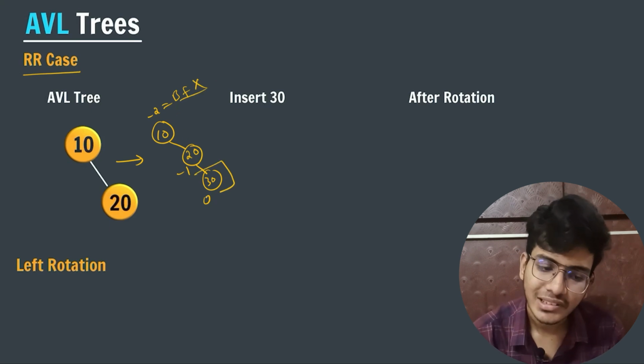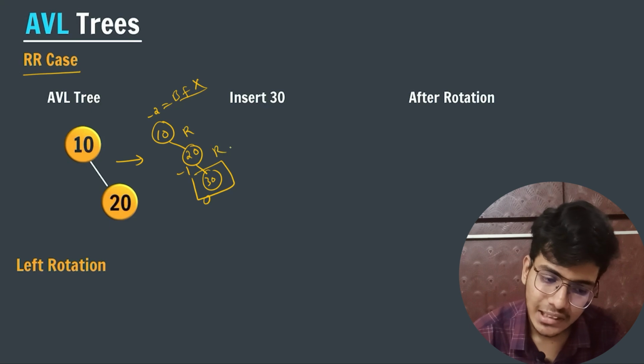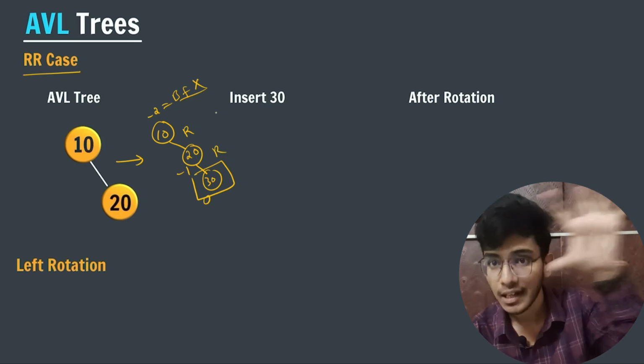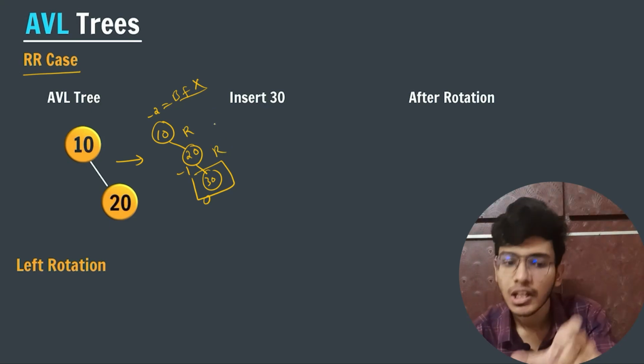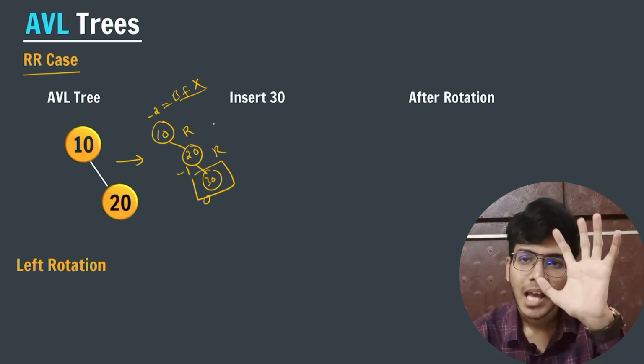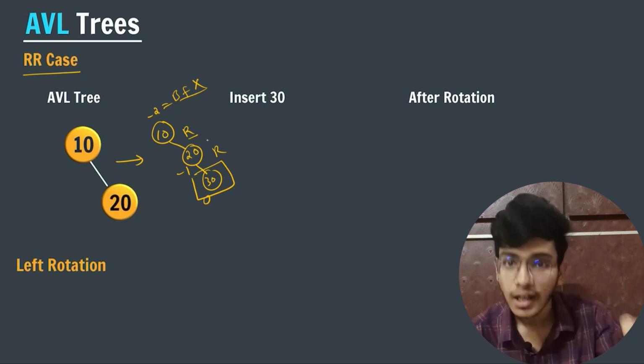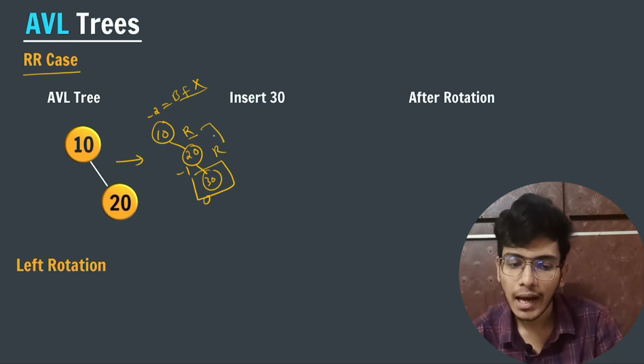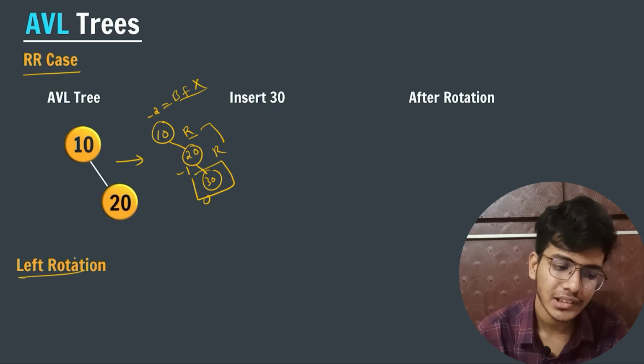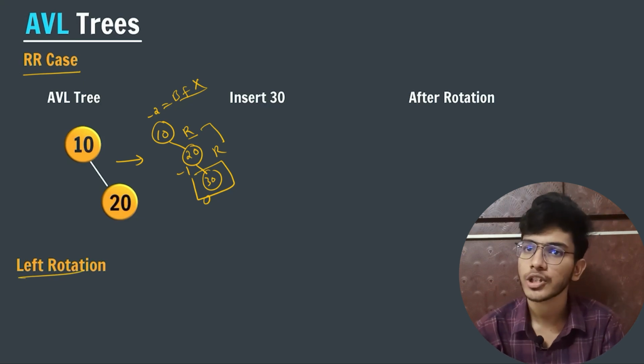Here you can see that the balancing factor is disturbed. Why? Because of inserting a new node on the right part, my whole tree became unbalanced. When I insert a new node on the right side like this, it is an RR case, and whenever I get an RR case, I will perform a left rotation.